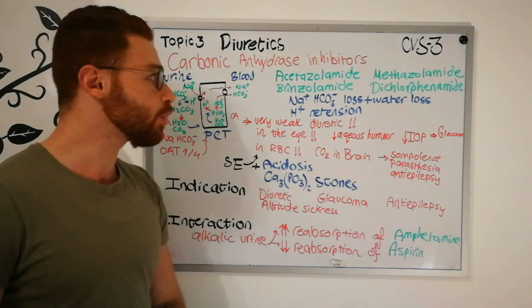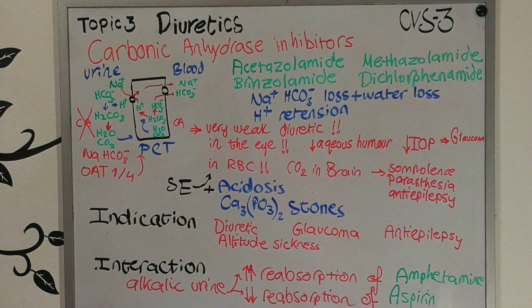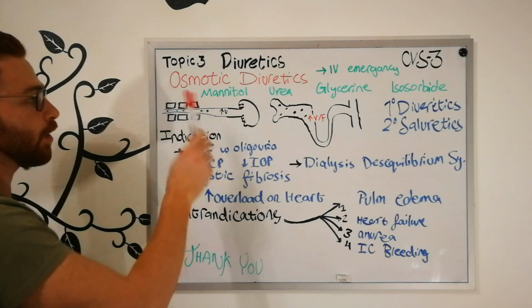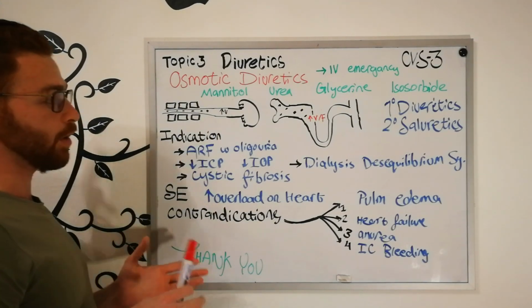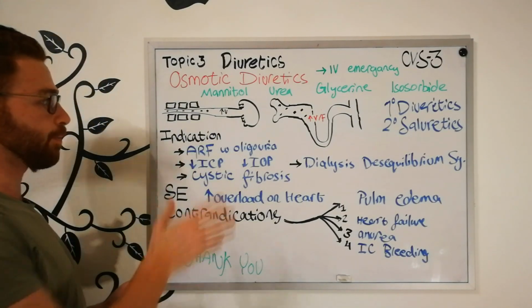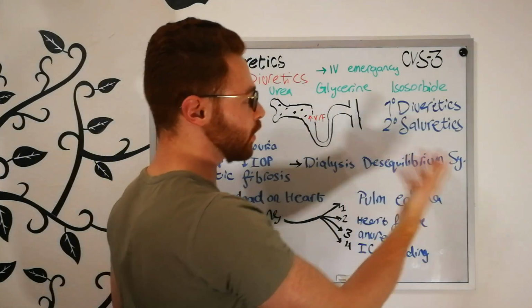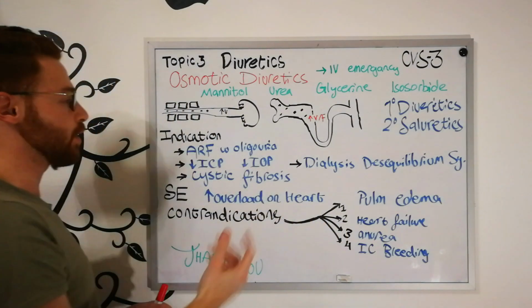Okay, let's move to the osmotic diuretics. As we mentioned at the beginning, the osmotic diuretics are the only diuretics that are basically primarily diuretics and then secondarily saluretics. Let's see how this works.